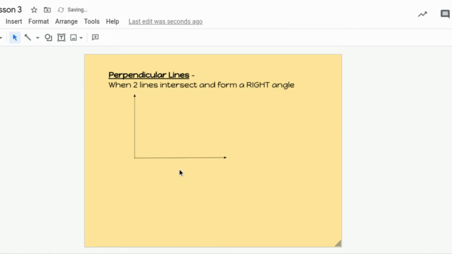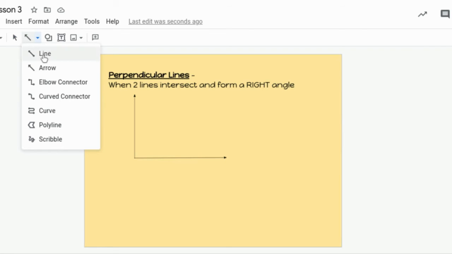That perfect L. That is a right angle. So these are considered perpendicular lines because there are two lines that intersect, cross, or meet, and they form a right angle. So let's take a look.